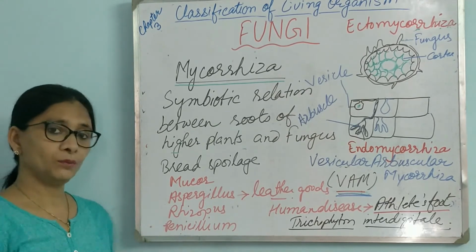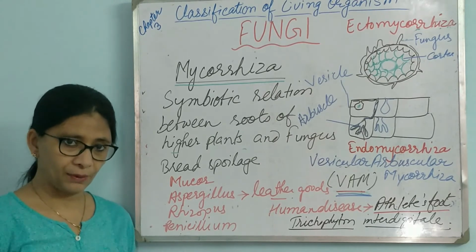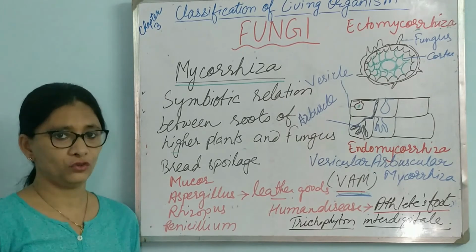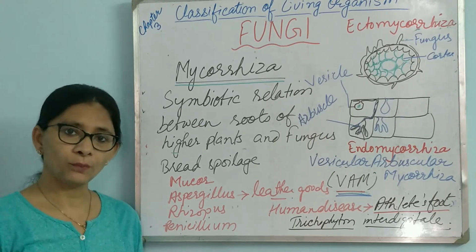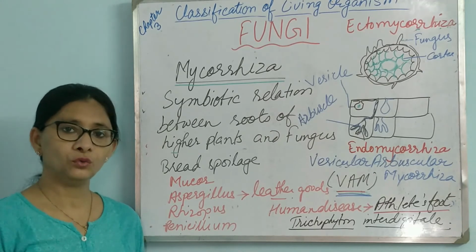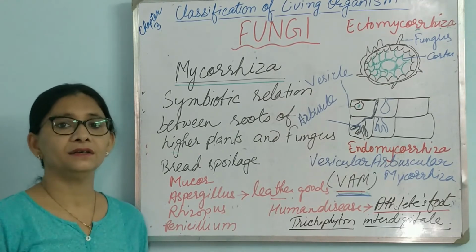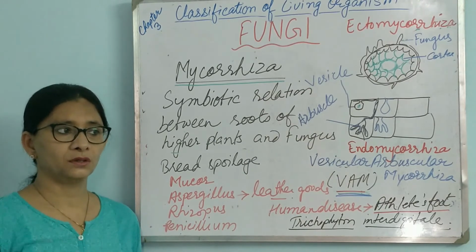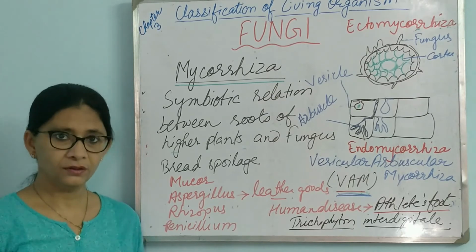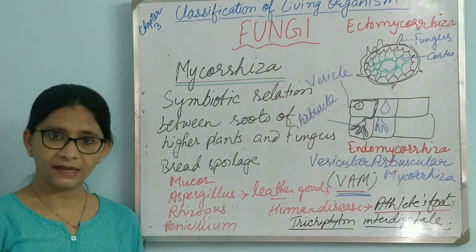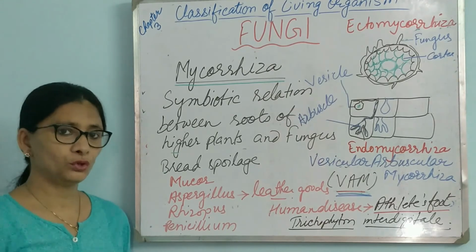Both of them, the fungus and the higher plant, help each other. Fungus will increase the absorptive area for the plant so as to take in more water and mineral from soil, and the plant in turn will give the fungus protection and home. Fungus can live in the plant, so it gets a home. So both of them help each other.